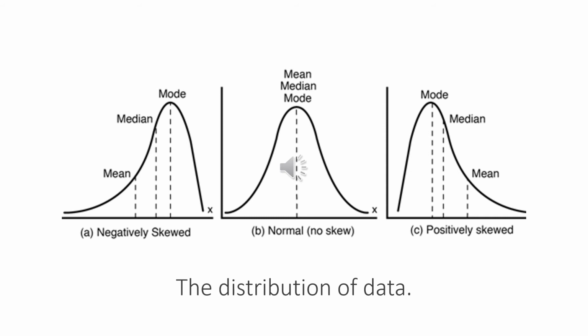On the right-hand side is a positively skewed distribution. Let's take this into a clinical context: it could represent something like childhood leukemia, where the diagnoses and age ranges tend towards the younger age groups.